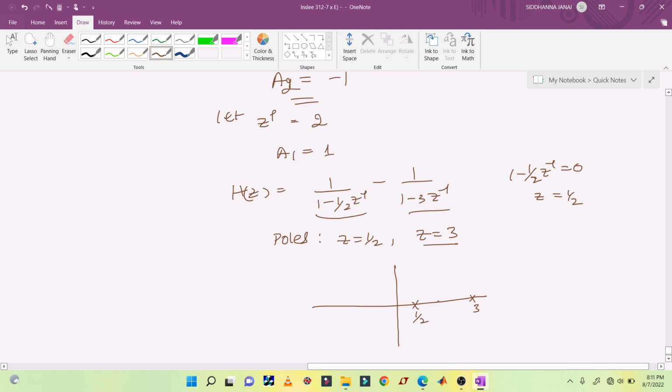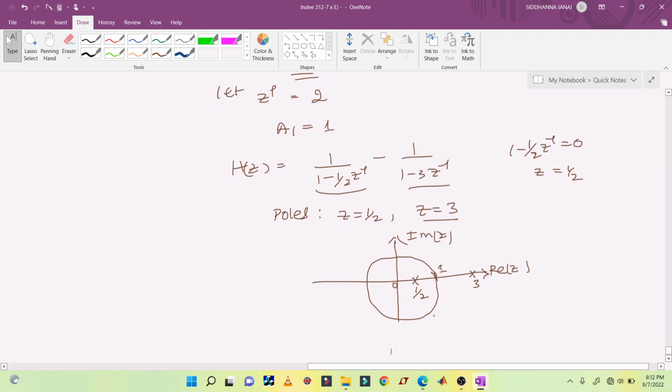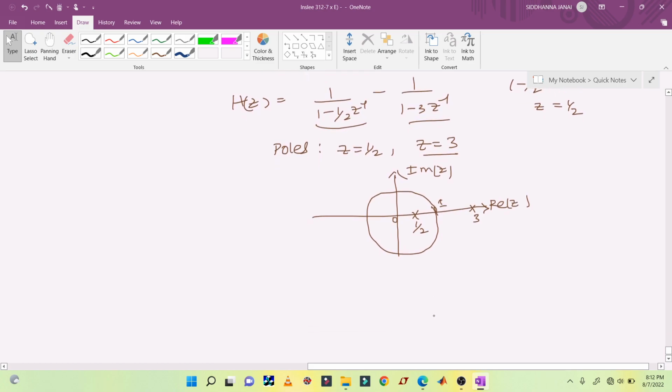This is our unit circle, with the real of z and imaginary of z axes. This is the very first thing you need to do. There is a zero. This is the z-plane pole-zero plot, and this is where the ROC goes.